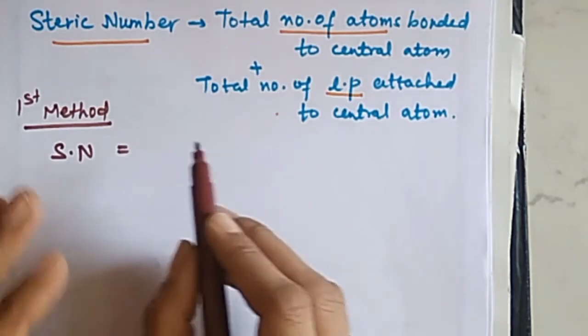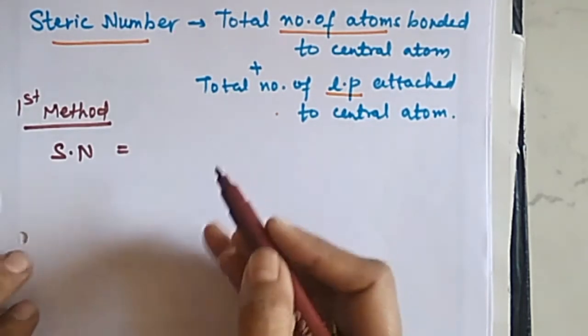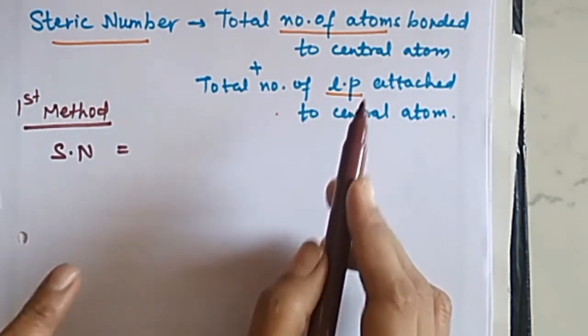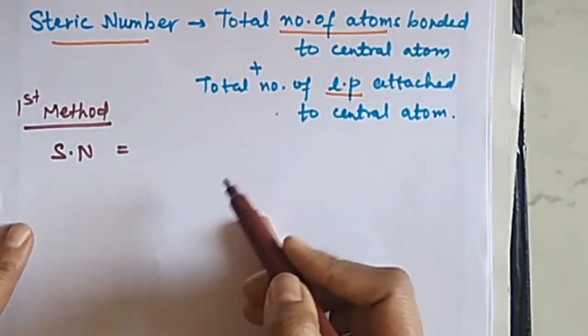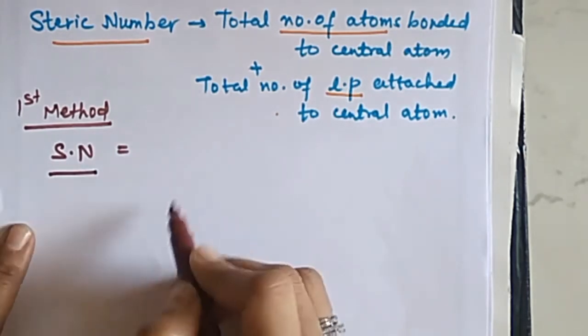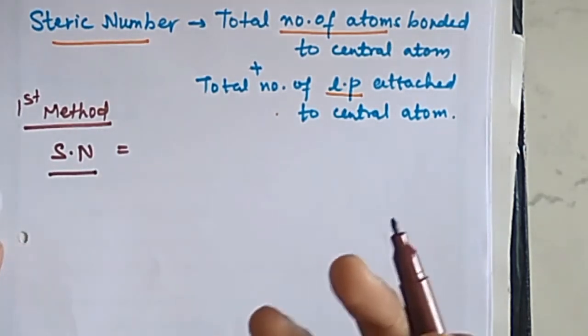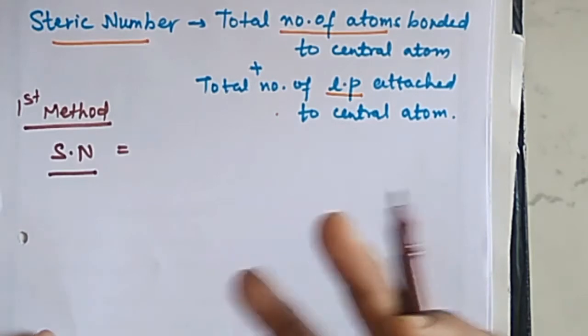This is just a small trick or formula we use to determine the total number of atoms bonded and the total number of lone pairs present. Based on the total number we get, which we call the steric number, we can identify the regular geometry and whether lone pairs are present.